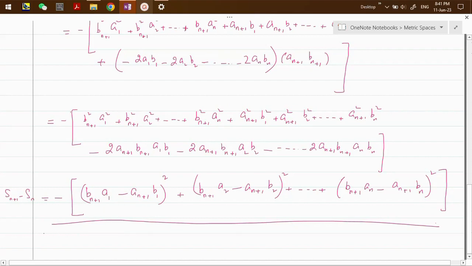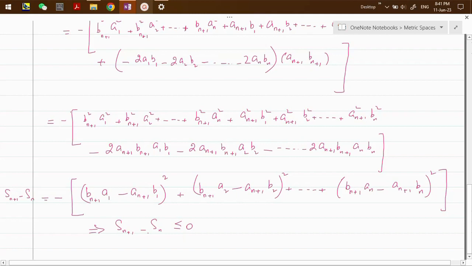So what we have, this implies that Sn plus 1 minus Sn is less than or equal to 0.